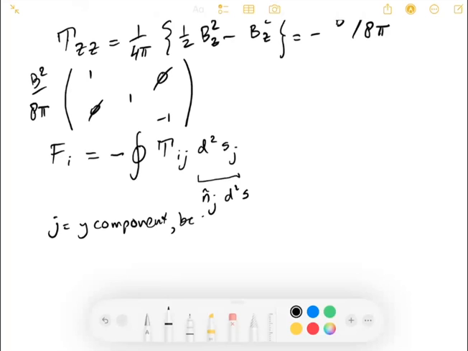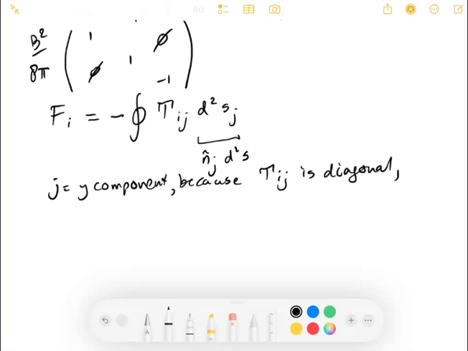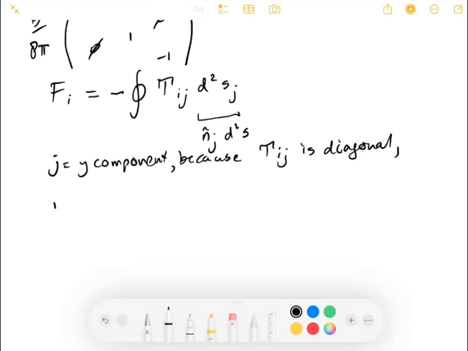And because it is diagonal, we only need to worry about the Tyy component. So the force on the y component is going to be minus the integral of Tyy d2s_y. That's the only one we need to worry about.